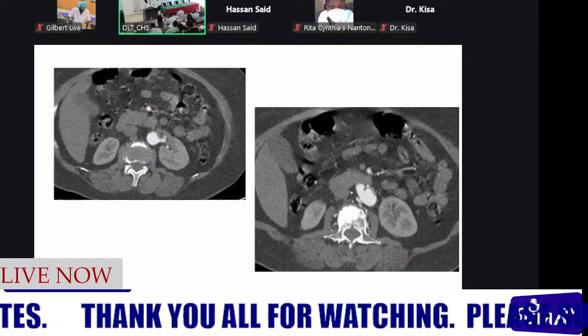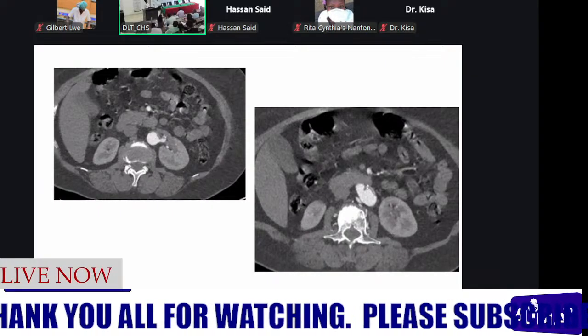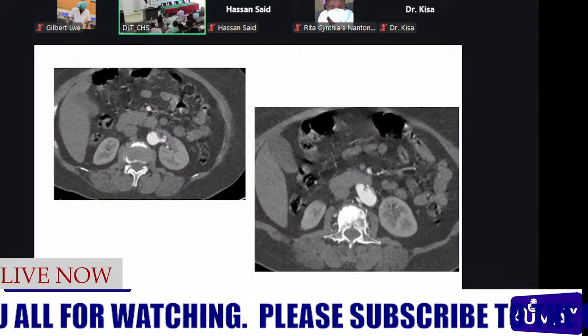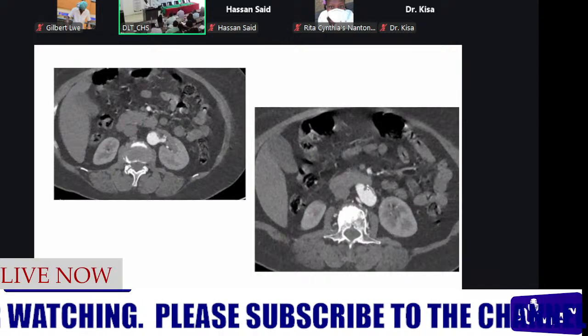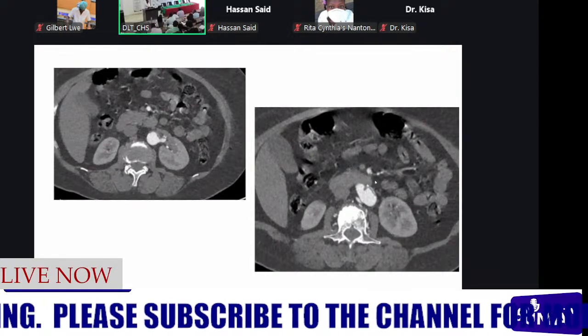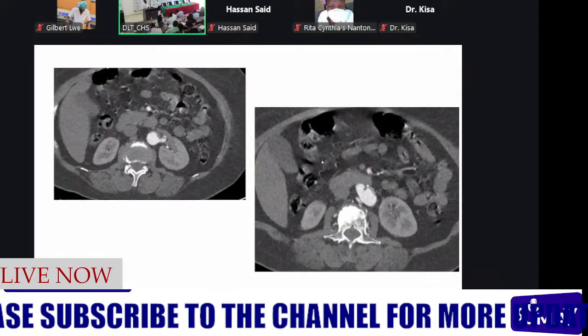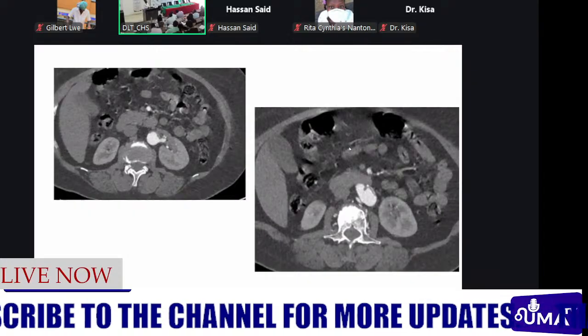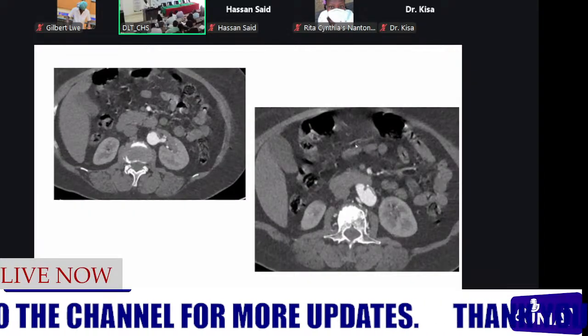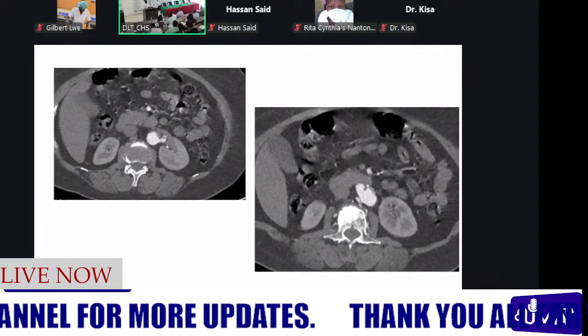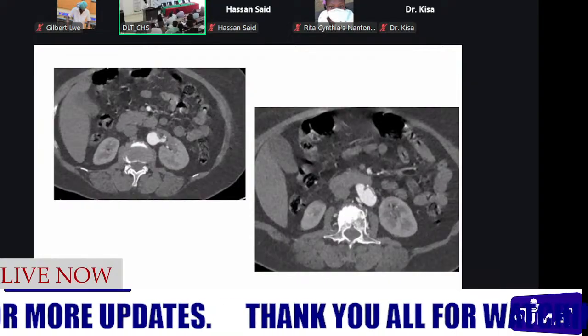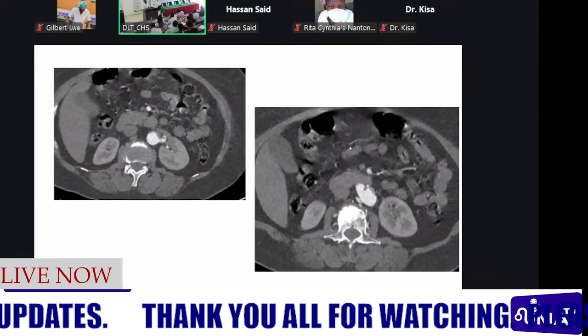Then this was the point where the images ended, and we see the dissection still continues beyond this level of the renals. Unfortunately, it was a CTPA, and the acquisition was only done up to the level of the kidneys. Ideally, we are supposed to follow through until we find the entry point or where it ends. Sometimes it can go as far as the femoral arteries.